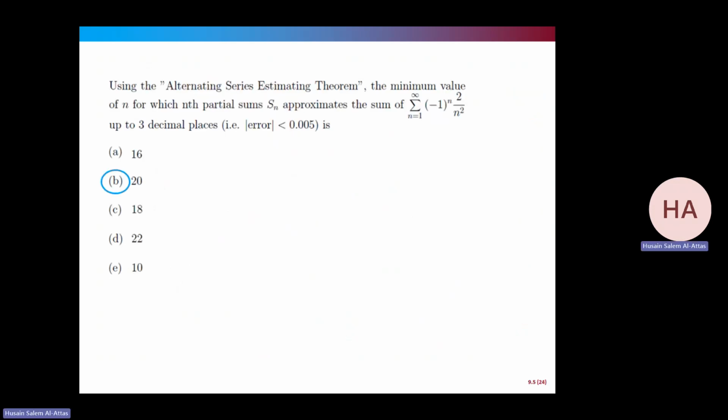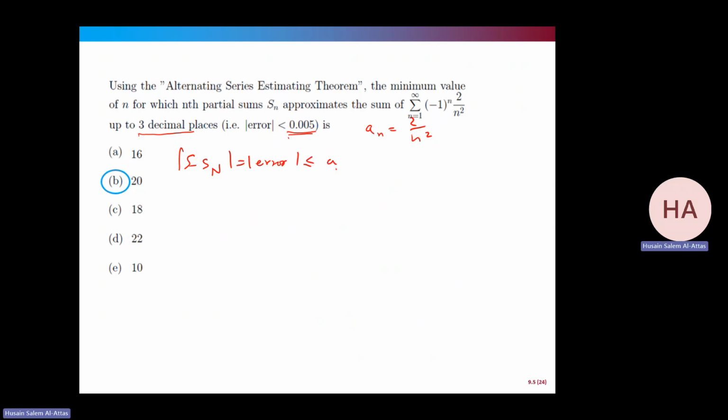Using the alternating series estimation, find the minimum value up to 3 decimal places. Okay, this is the error. So my an is 2 over n squared. I want s minus Sn, which is the error.